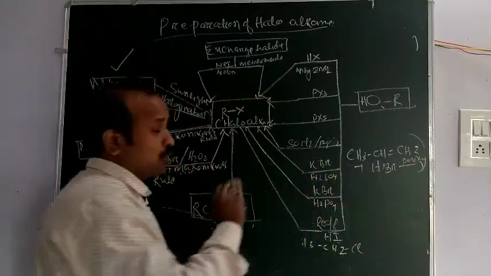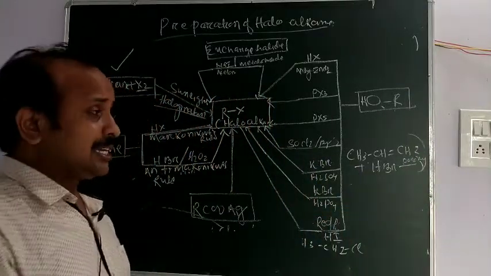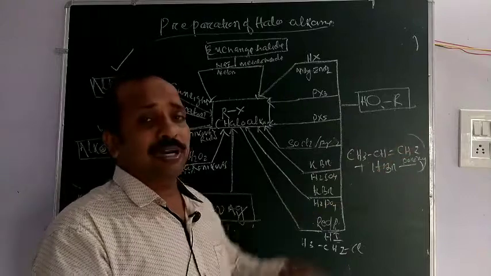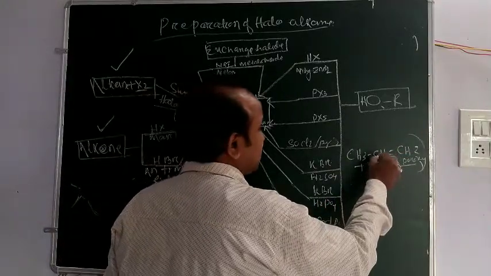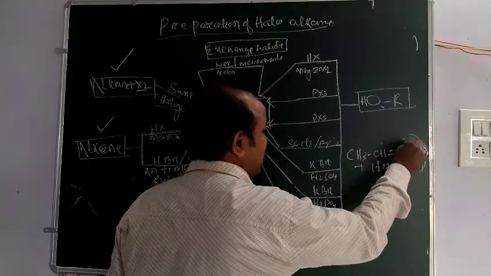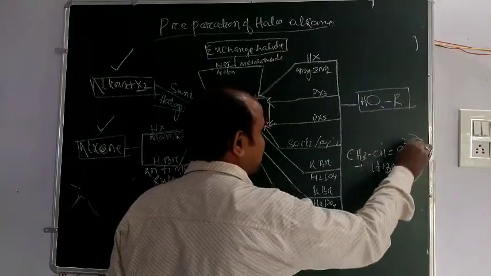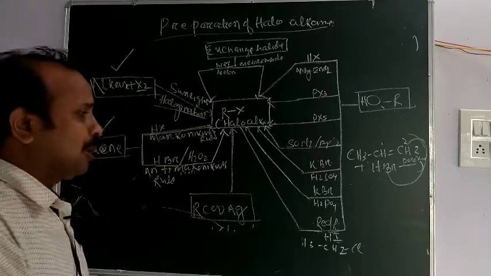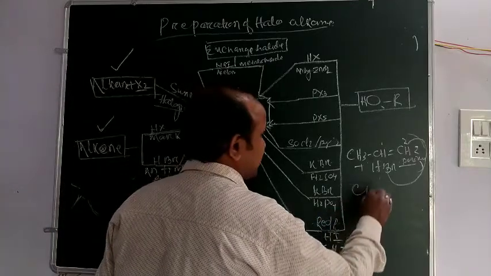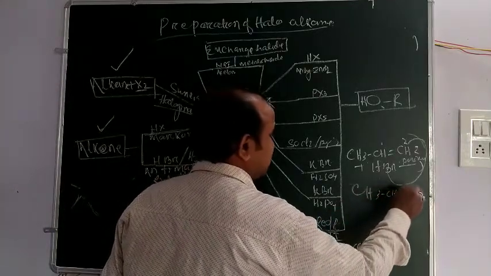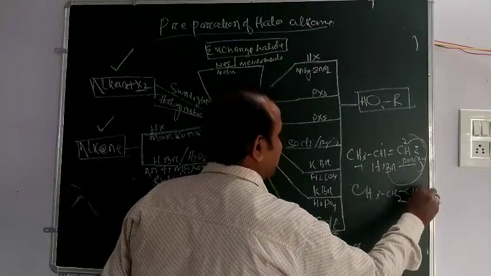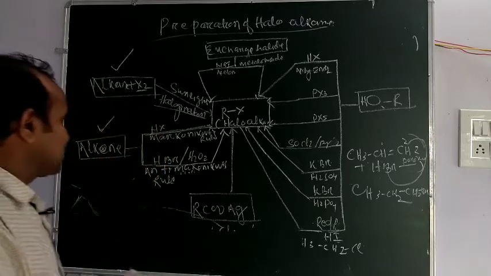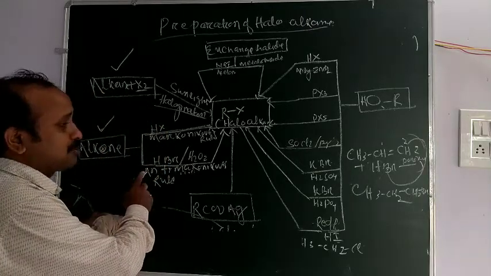Then the halogen goes to the carbon which has more hydrogens. Here there is 1 hydrogen, here there are 2 hydrogens, so the halogen goes to the carbon which contains more hydrogens. The product is CH3CH2CH2Br. Okay, this is the anti-Markovnikov's rule.